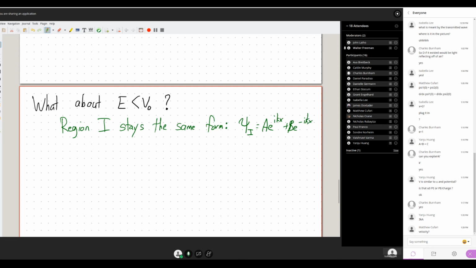So we still have an incident and a reflected wave, and these are traveling waves. But in region 2, now the kinetic energy is less than 0. And instead of e to the ikx, we now have e to the kappa x, right?